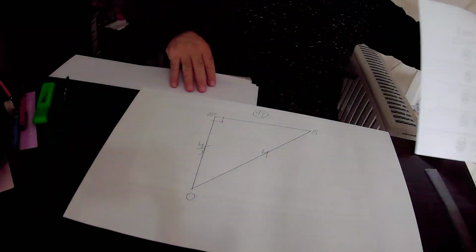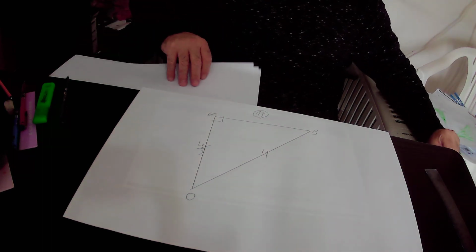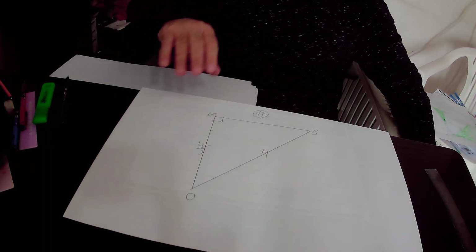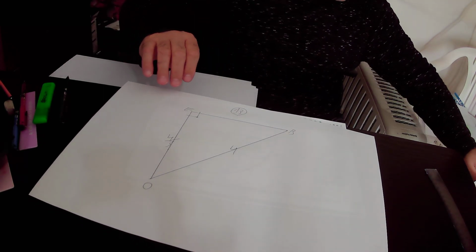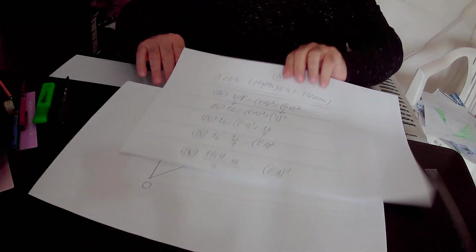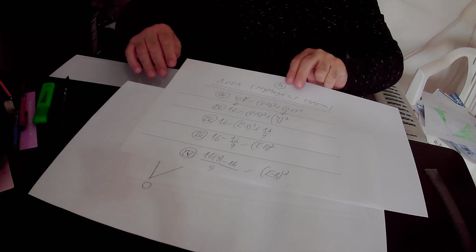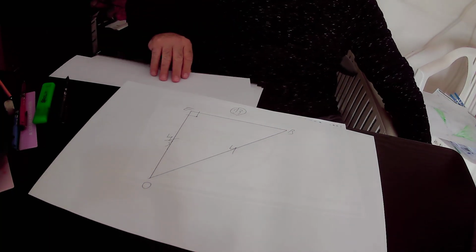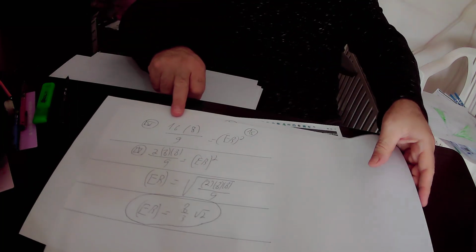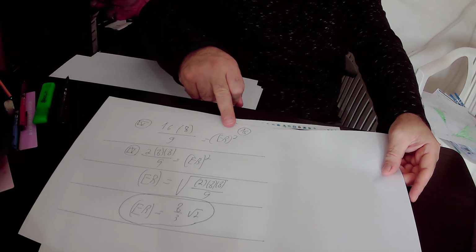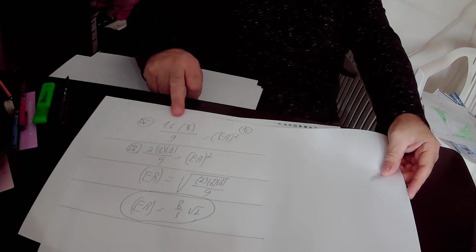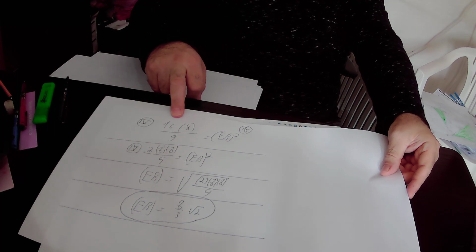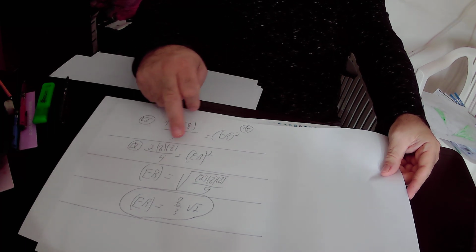So we got that 16 times 8 over 9 equals EB squared. You know that 16 is 2 times 8, so we substituted 16 by 2 times 8, and we got that 2 times 8 times 8 over 9 equals EB squared.